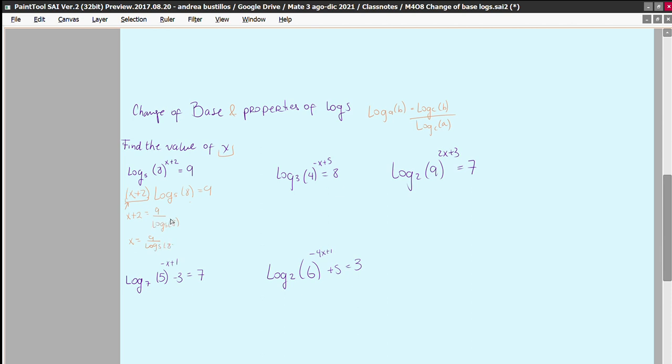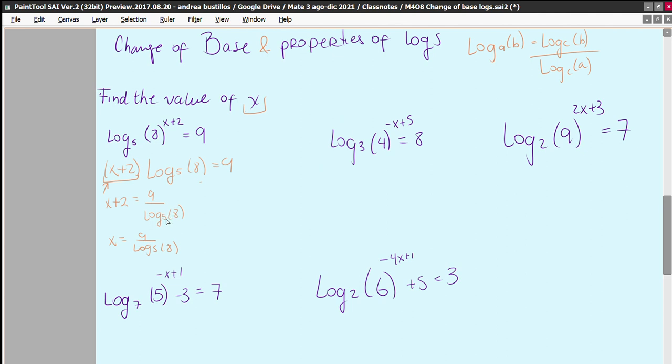Now, if I would ask you to get the exact value for this expression and calculate it with a calculator, remember, you can only plug into the calculator logarithms of base 10 or base e, meaning that we would have to make a change of base in the denominator, that is, a change of base where the logarithm is.